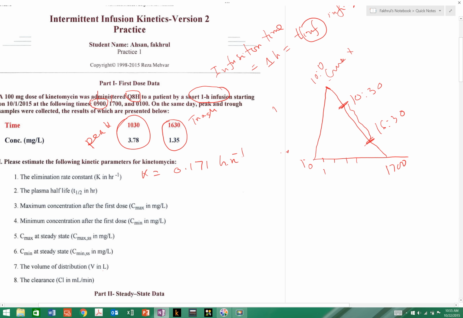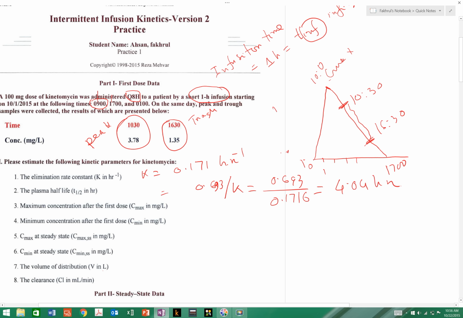So then T half, so easy, 0.693 divided by K is equal to 0.693 divided by 0.1716 is 4.04. So here is your T half.